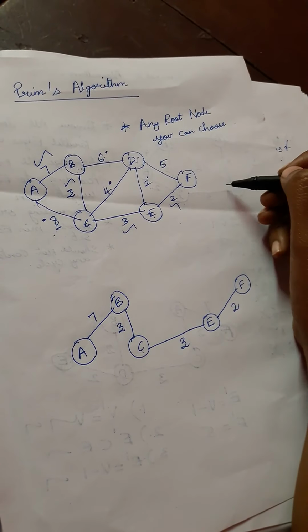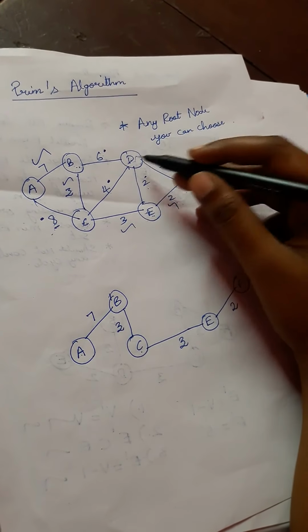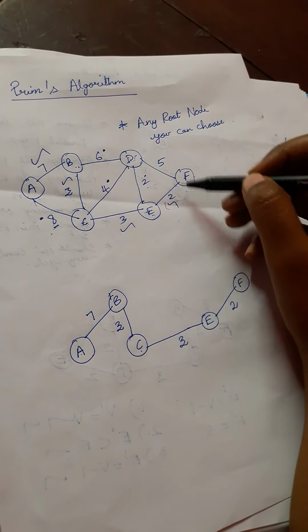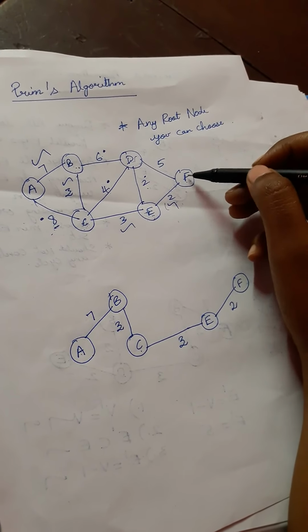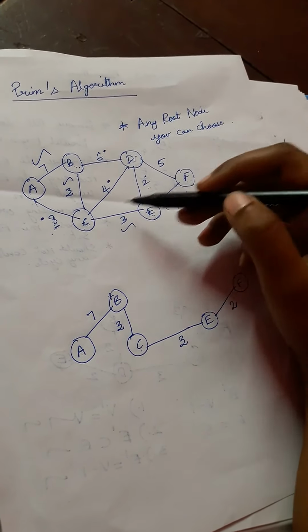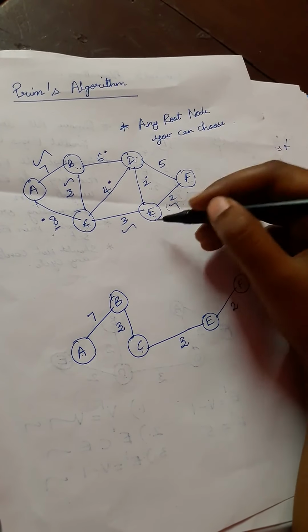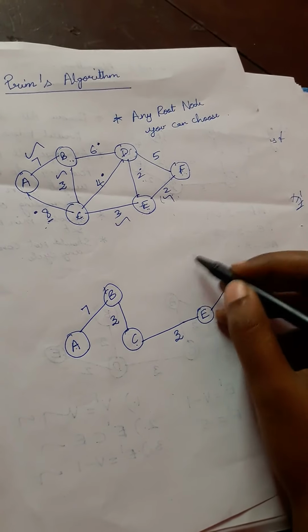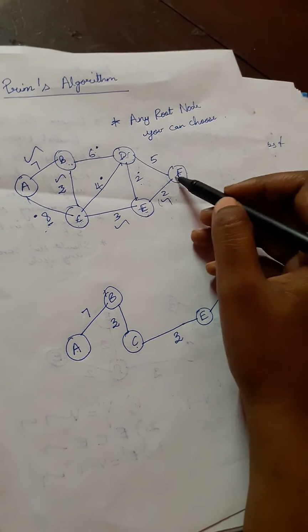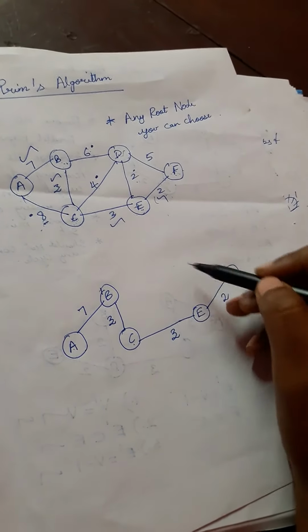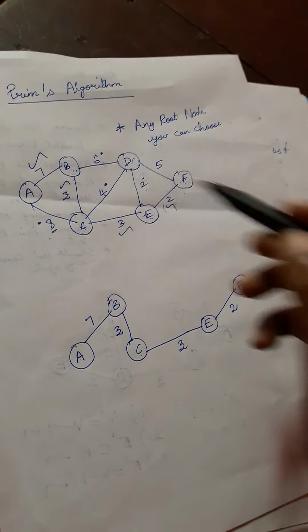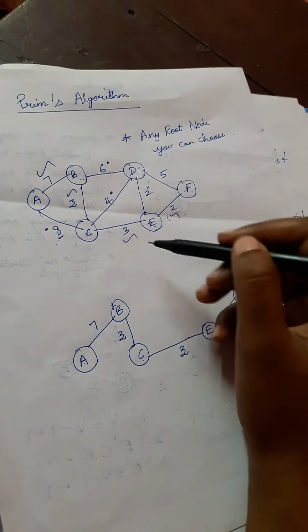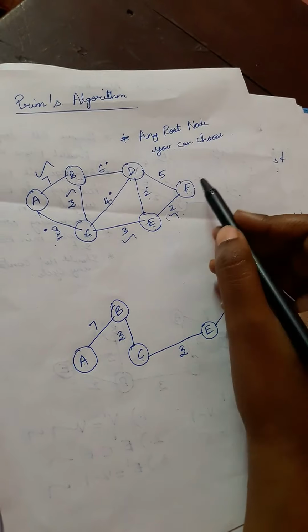From F, the routes are F to E and F to D. F to E is completed, so I will take F to D. But you should not do it like that, thinking we did not complete the vertex D so we will draw this route and complete it. You have to compare with all the values, and only then draw.